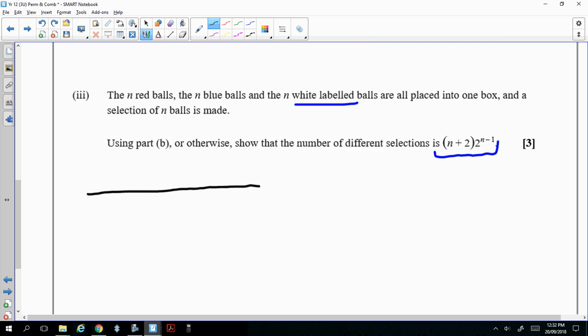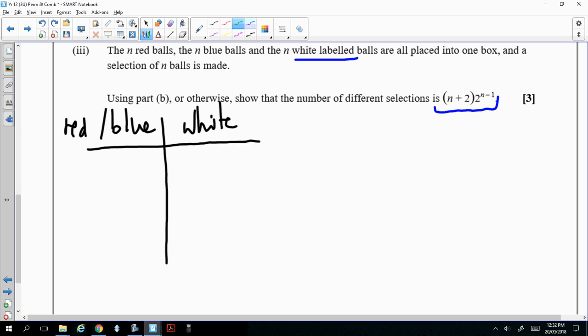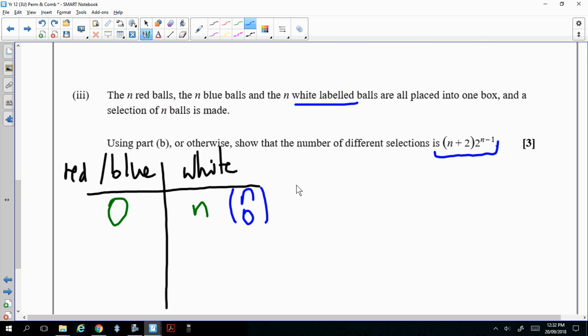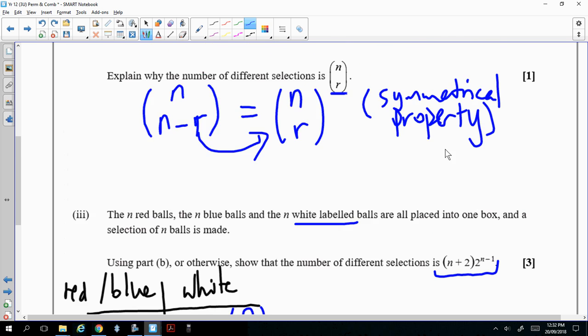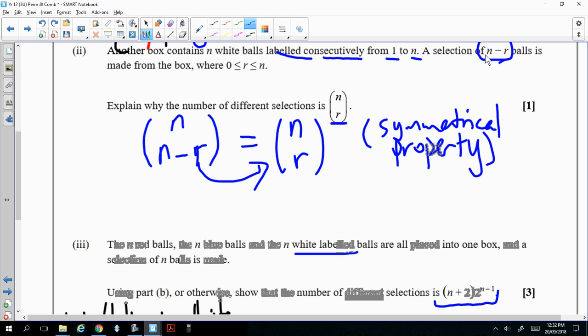So you could have no red and blue balls and n white balls, okay? And when that happens, the number of ways that could occur will be nC0. Yes, nC0 because, how does it work? If r is 0, then nC0. Okay, good. And that will have 1 way of selecting no red and blue balls.